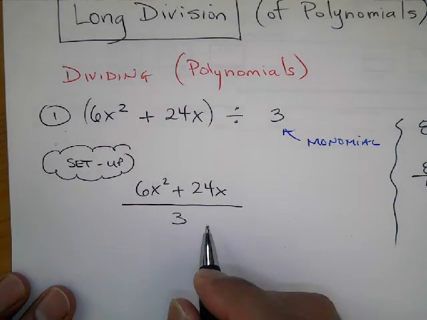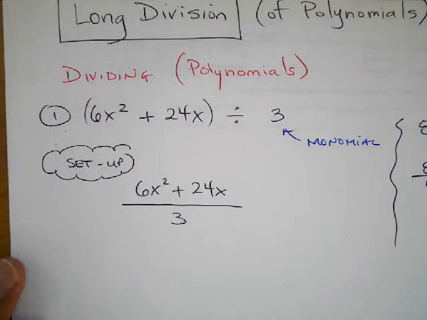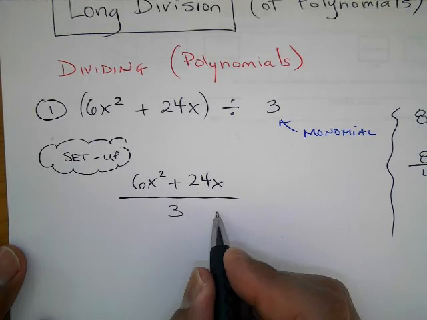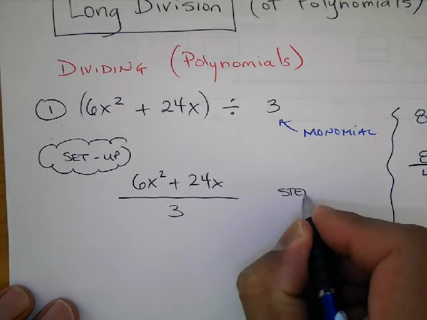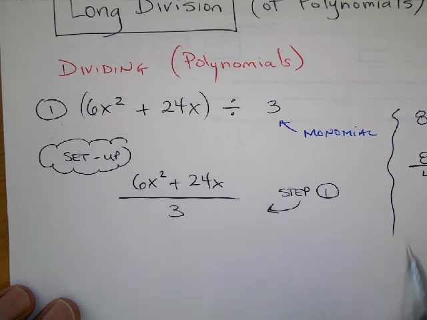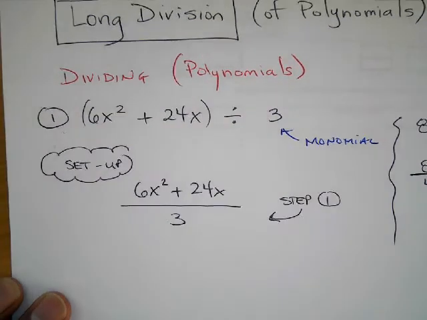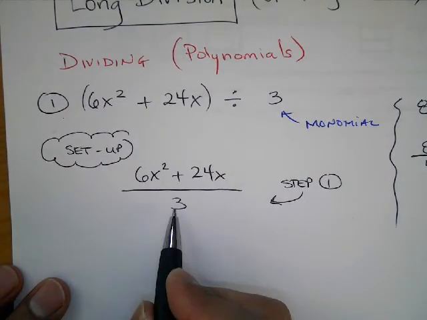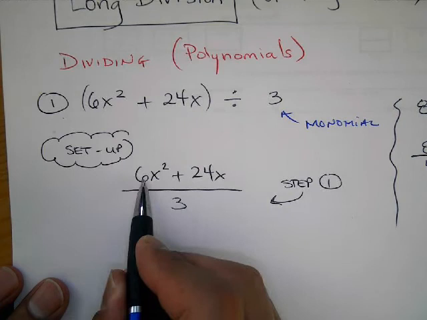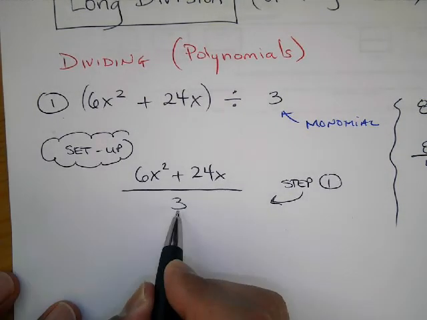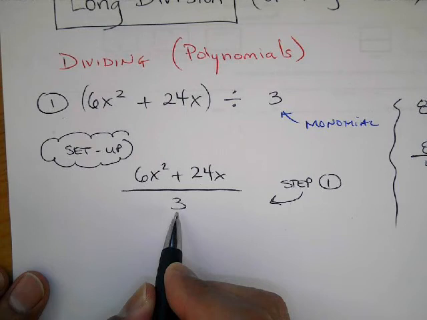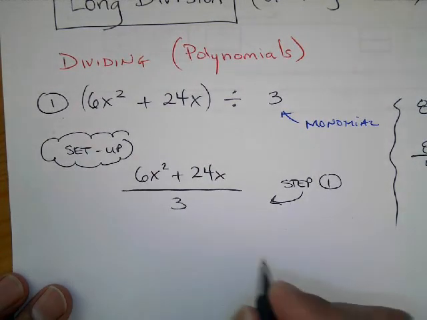Okay, so again, when it's a monomial, you can simply do this. You set it up this way. This is step 1, the setup. You set it up this way, not like this. Step 2 is now each of these terms, I got a term here, I got a term here, sometimes there'll be more terms, gets divided by the monomial, and this is easy.